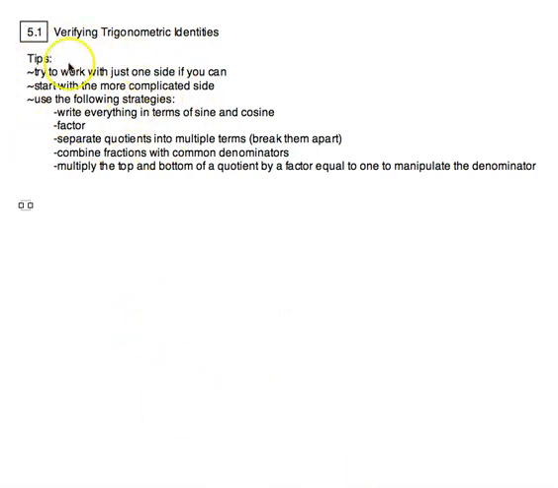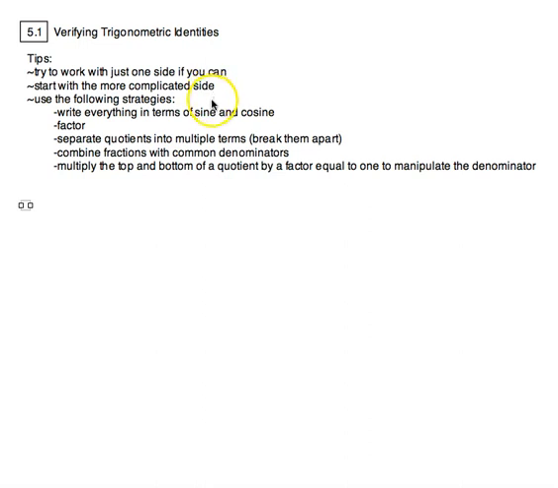What I've done up at the top for you to write down are just some tips. Again, it doesn't mean we're always going to do every identity this way. These are just some general ideas that may help you. It is okay to work with both sides, but we generally try to only use one if we can.